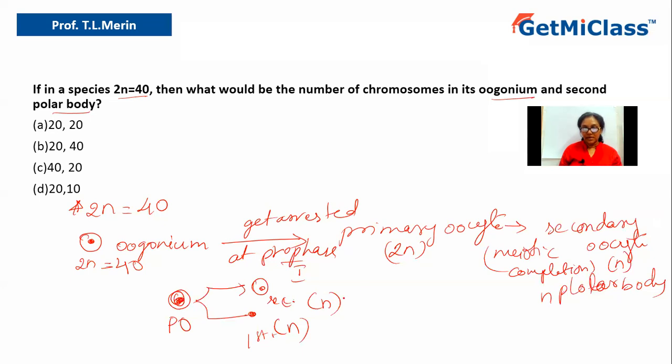Further, the secondary oocyte will again undergo division to give rise to the ovum, and then it will give rise to the second polar body. This is a normal division, and hence the ploidy level will be maintained here as n in the second polar body and the ovum.